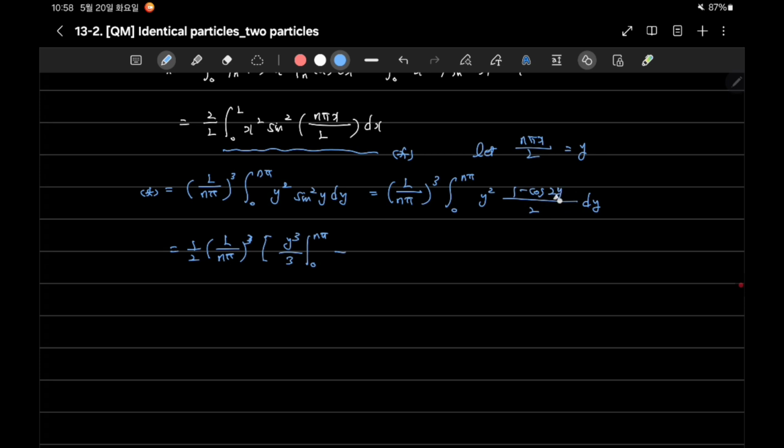We integrate the cosine and differentiate y squared first.